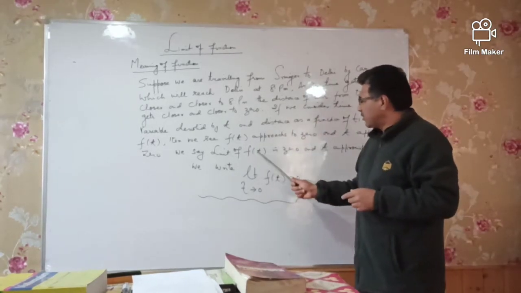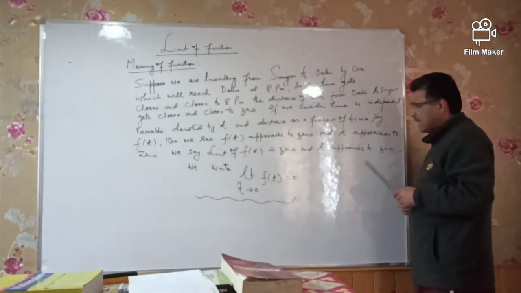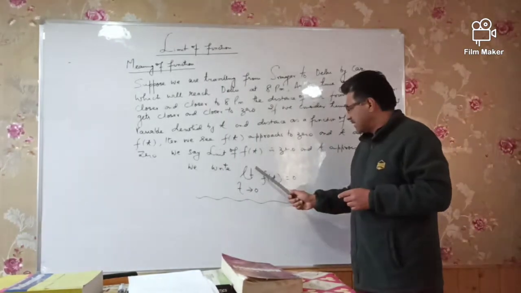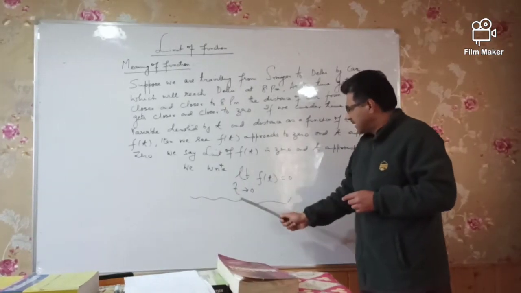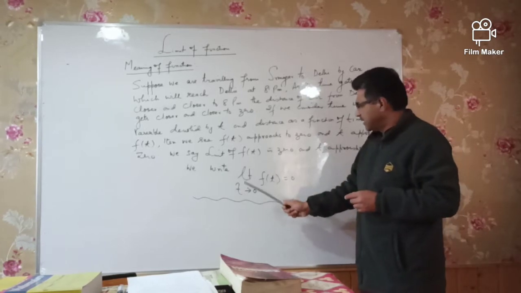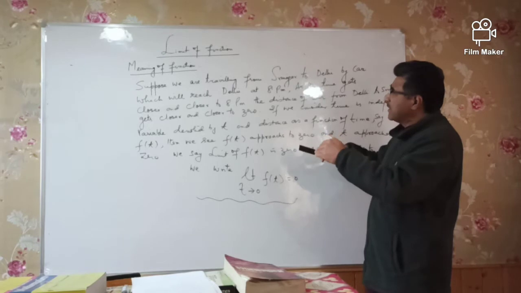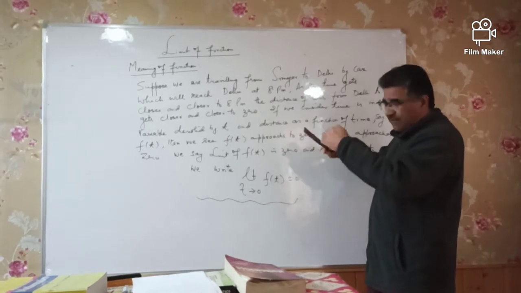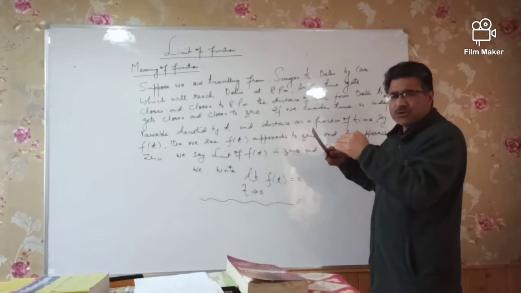We say limit of f(t) is 0 as t approaches 0, and mathematically we write it like this: limit t tends to 0, f(t) is equal to 0. Now this is actually the definition, the meaning of the limit. After this we'll discuss the meaning of the limit of the function in different ways, and after taking some examples also.